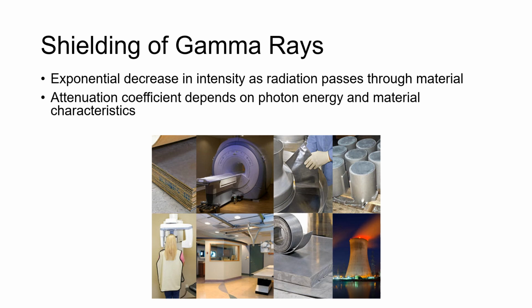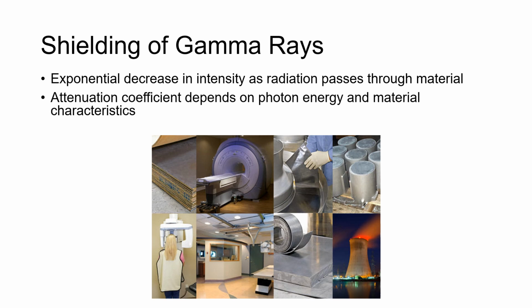The attenuation coefficient depends on both photon energy and material characteristics such as density and atomic number. So the amount of radiation that is shielded is going to depend both on the photon energy of the radiation as well as the material that is doing the shielding.